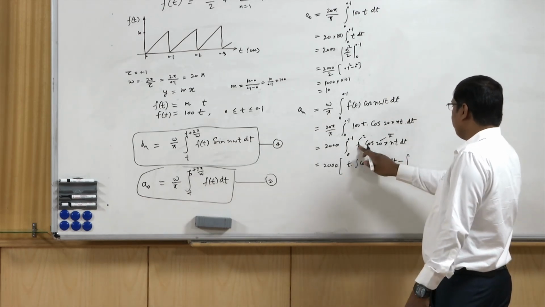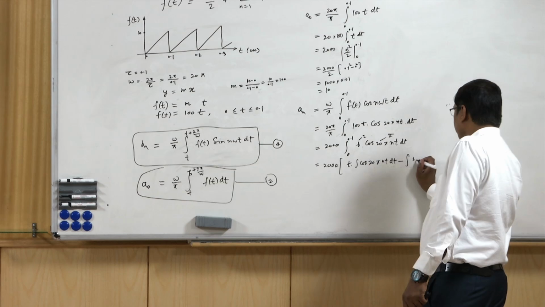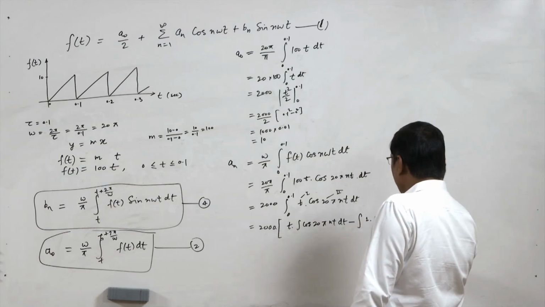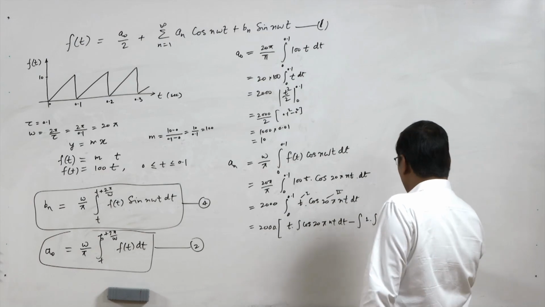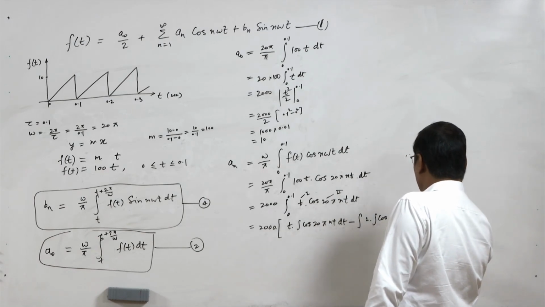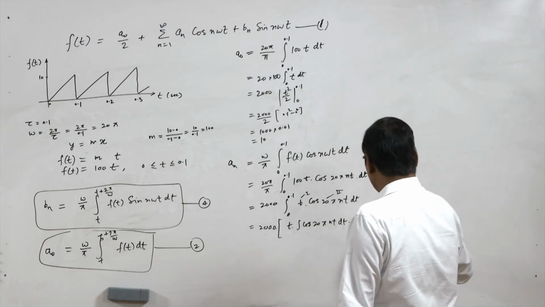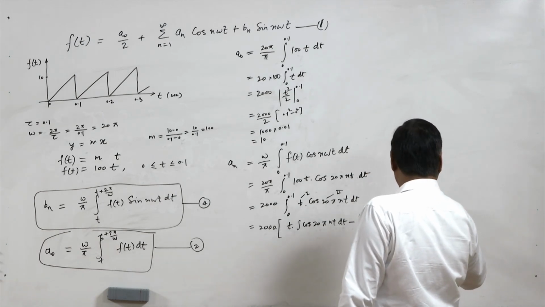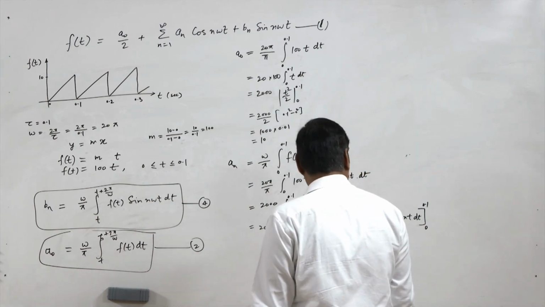The differential of t is 1, because dt by dt is 1, and then the integral of the second function, cos 20 pi n t dt, and then we put the limit 0 to 0.1 on this.